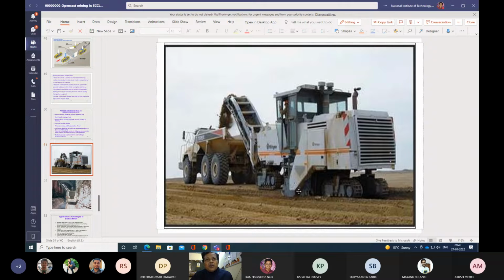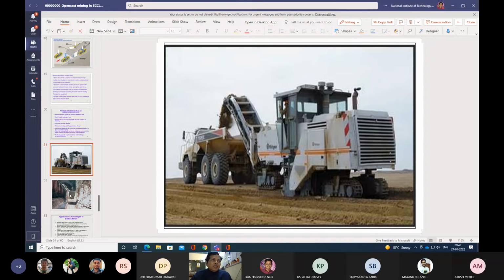In between is your cutting tool. After the material is cut, it is transported to a belt conveyor, and from the belt conveyor it is transported to another belt conveyor, and this belt conveyor loads the truck so that the truck can take away the material from the mines. So this is the technology which is called surface miner technology.